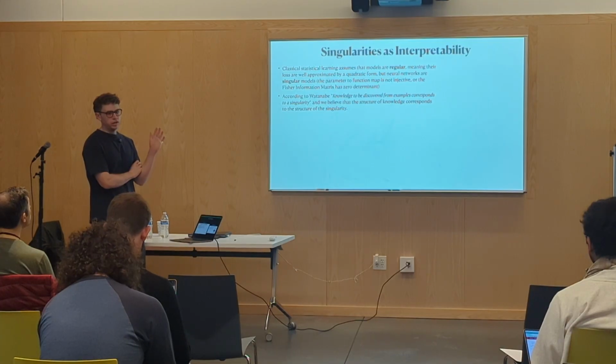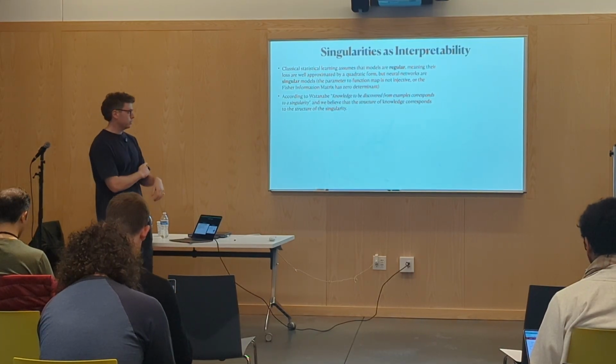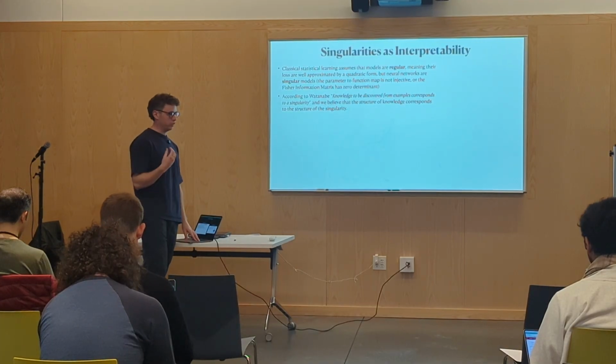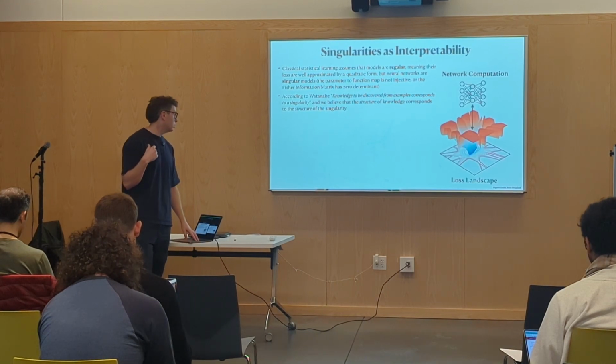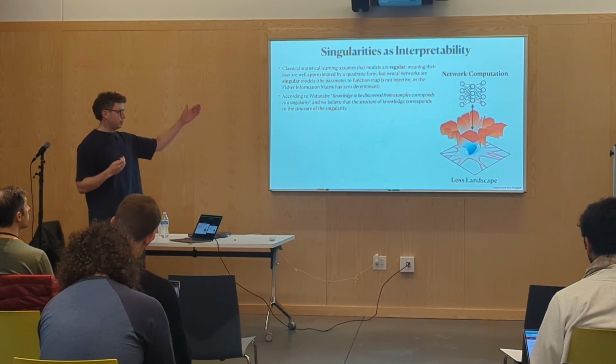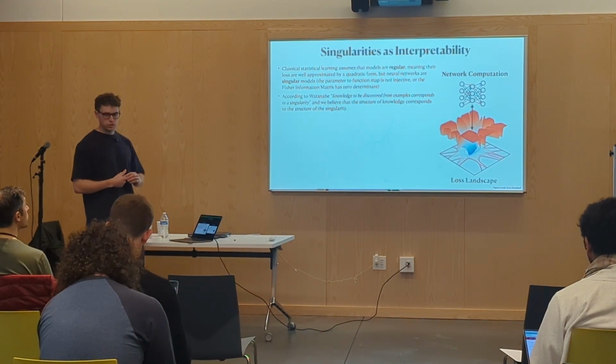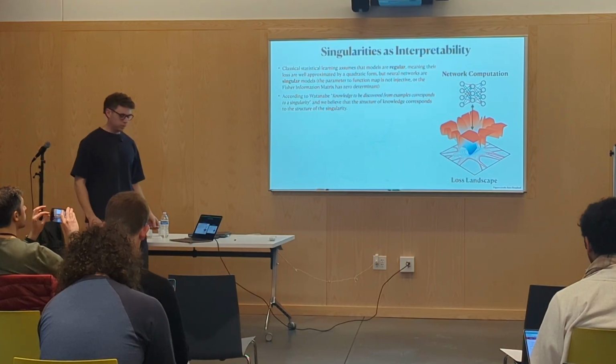I'm going to explain a bit more intuitively what that means in a second, right after I define what a singularity is in this context. And so we want to study the structure of these singularities and hope to get some inference on the structure of that knowledge. So we have this picture where network computation corresponds to the singularities in the loss landscape.